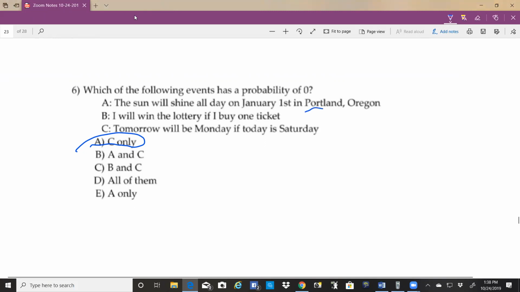If you lived in Portland, Oregon, where it rains so much, you might think the probability is almost 0 that it's going to rain. But even in Portland, Oregon, there's always a chance that it will rain. You might think that you can't win the lottery if you buy one ticket. The probability is close to 0.